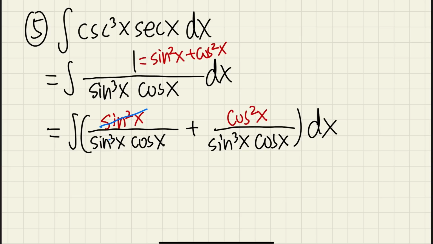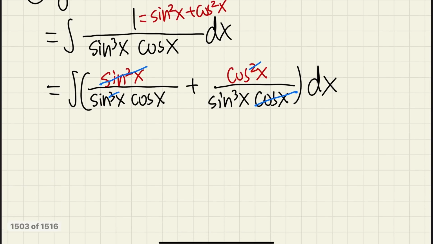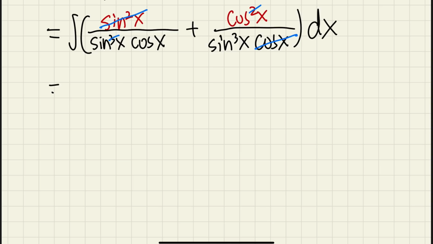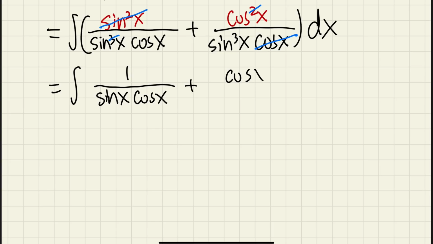Sine squared, 2 of them can cancel. And then right here, cosine, 1 of them can cancel. Pretty good. So for the first one, we get the integral of 1 on the top over sine x times cosine x. And then for the second one, we have cosine x over sine to the third power x.